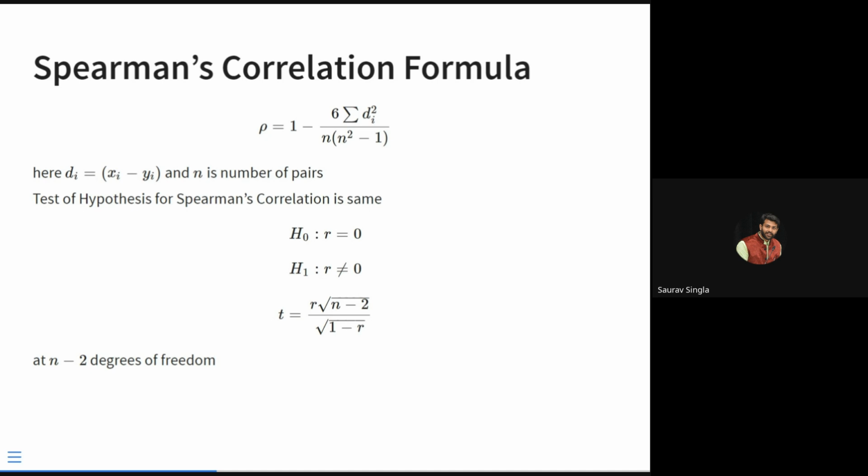What are the assumptions of normal correlation? The normal correlation, that is Pearson correlation, has the assumption that both variable x and variable y are coming from the normal distribution.